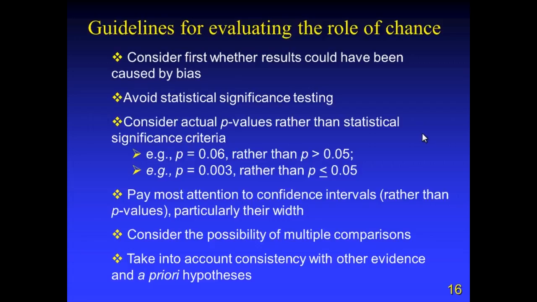So I would say, unless you have to use it, such as in statistical power and sample size calculations, and also testing for heterogeneity of different strata in terms of whether or not you should combine them, I would avoid statistical significance testing altogether. Instead, use actual p-values, as we've already talked about. But because confidence intervals are more informative, I recommend paying most attention to them.